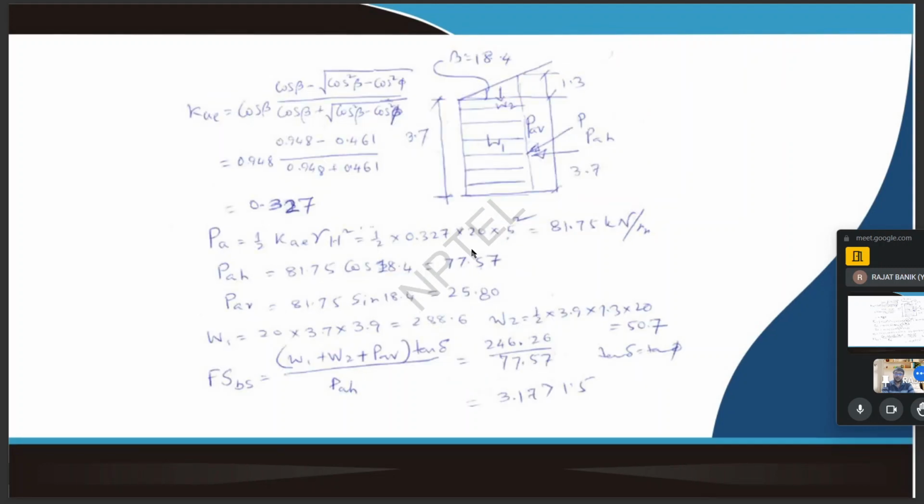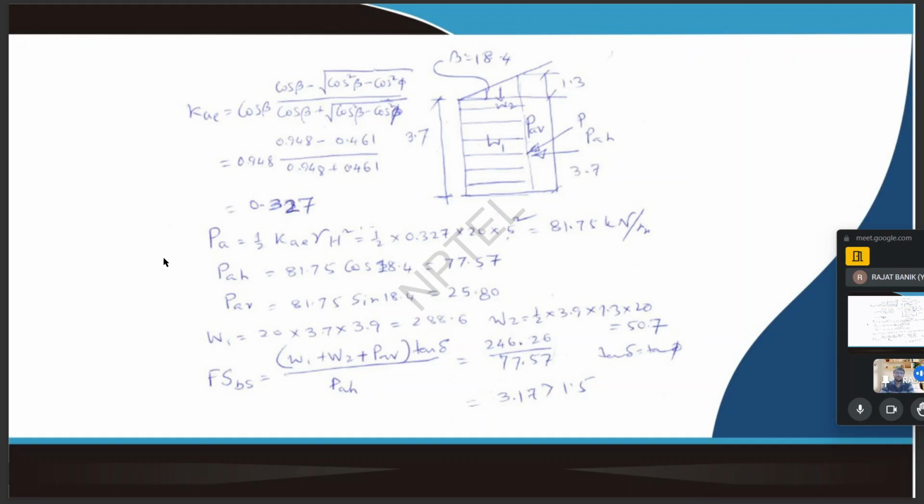Now we need to check again the other safety checks also. That means safety against bearing capacity failure, and safety against overturning.